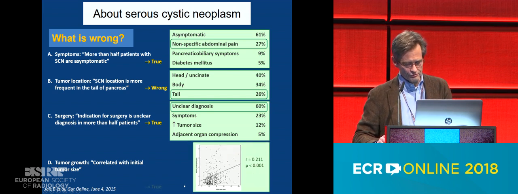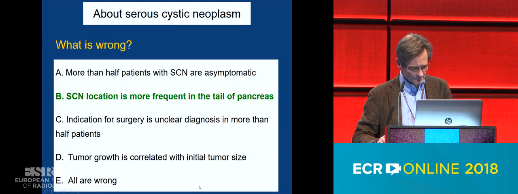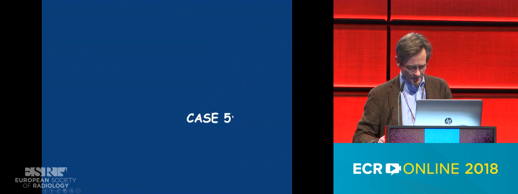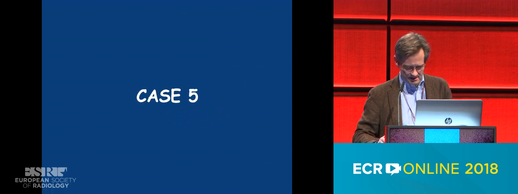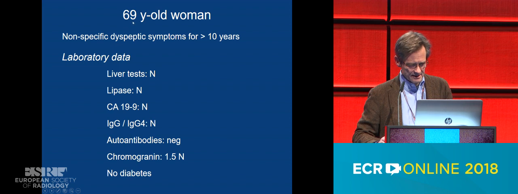This is also true. The tumor growth is correlated with tumor size, although the correlation is a little bit weak, but still it exists. Okay, so the good answer was SCN location is more frequent in the tail of the pancreas. I guess this is the last case.